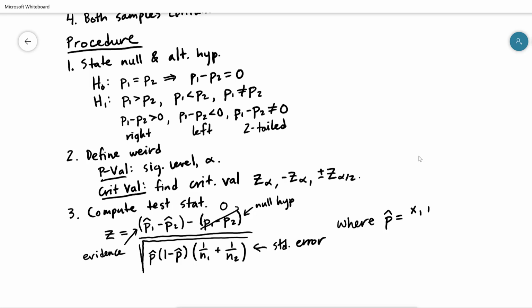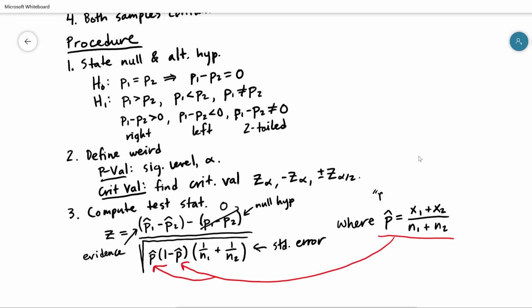And it comes by taking x1 plus x2 and dividing that by n1 plus n2. And so this thing right here is what goes in right there and right there, and it's called the pooled proportion.